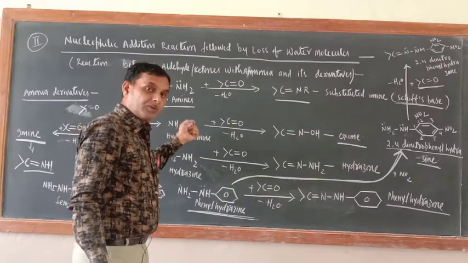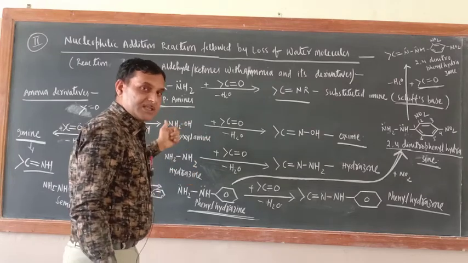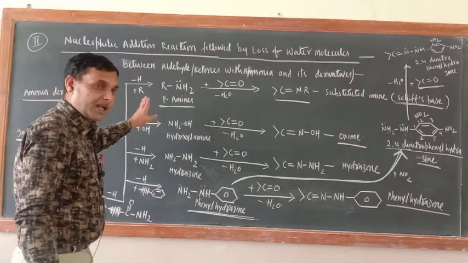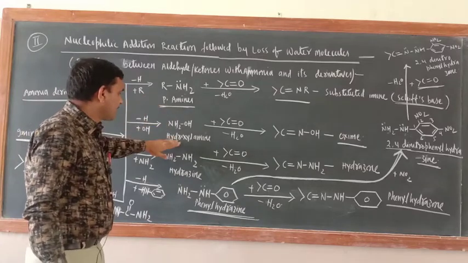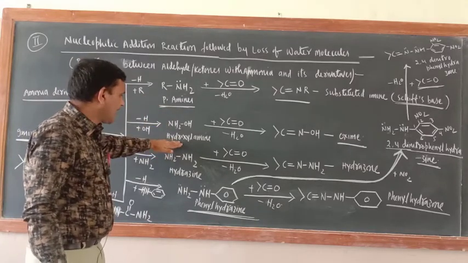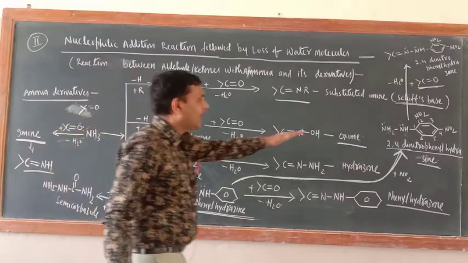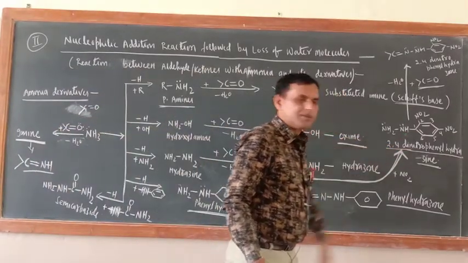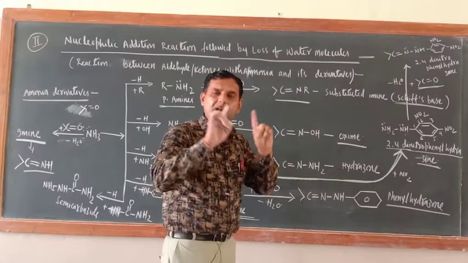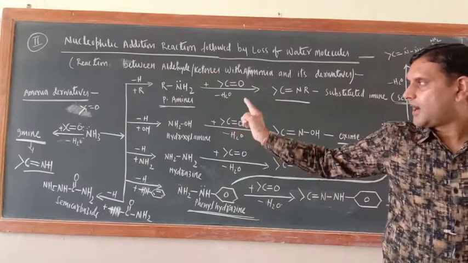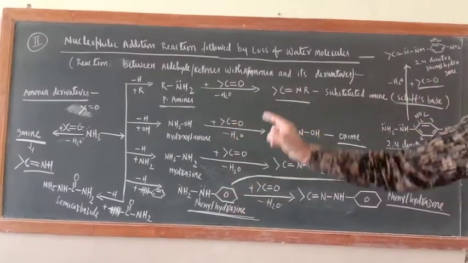I have to write the individual reactions, meaning the reaction of aldehydes and ketones with ammonia, with primary amines, with hydroxylamine, with hydrazine, with phenyl hydrazine, and with 2,4-dinitrophenyl hydrazine. Then you will come to know the products, and that job I will do after wiping this out.